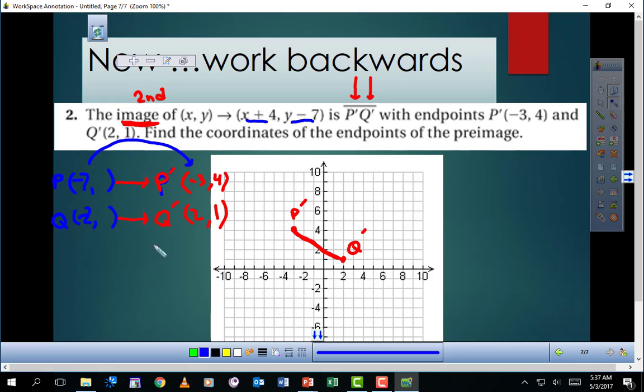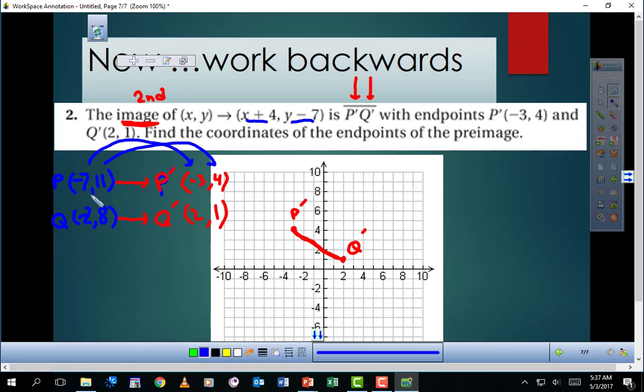Then to go from here to here, we subtracted 7, which means to work backwards, you add 7. You basically just do the opposite of what you have here, and we've been doing that in algebra for years now, I hope. So if we add 7 to this one, we were originally at 11, and if we add 7 to this one, we were originally at 8.